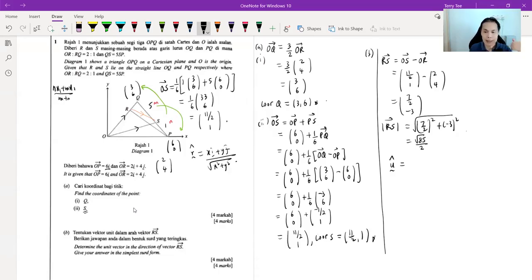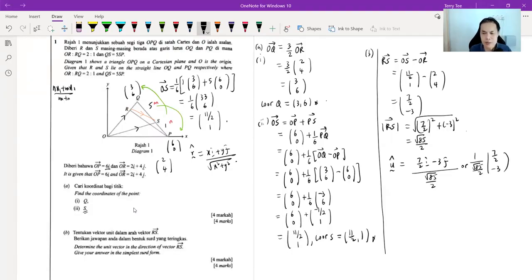If you want to write in ij form, then we write 7 over 2 i minus 3 j, and then you divide with the magnitude, square root 85 over 2. It's okay to write in column vector form as well, but for column vector, we don't divide like this. We write 1 over square root 85 over 2, and then (7 over 2, minus 3).